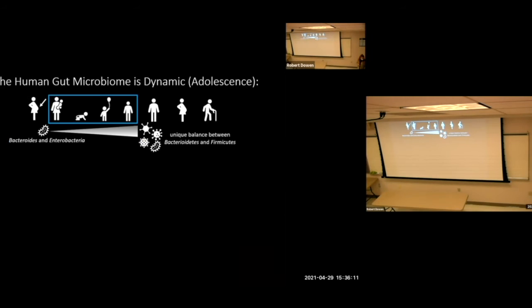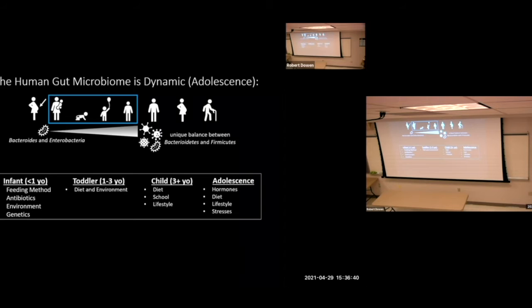In addition, when we're born and growing up, we have increased amounts of bacteria as we grow, and we also have more species of bacteria colonizing our gut microbiome until we reach later adolescence, and then we all have this unique balance of these two phyla of bacteria.